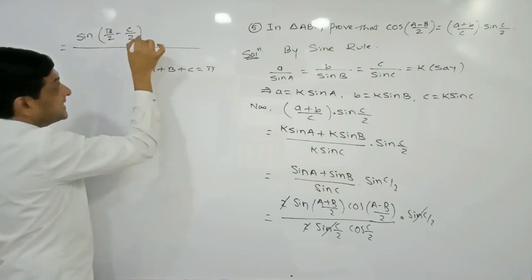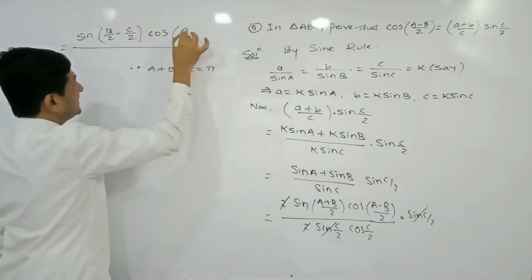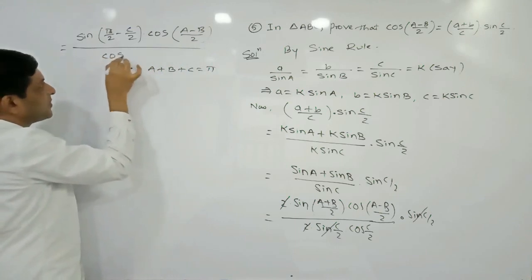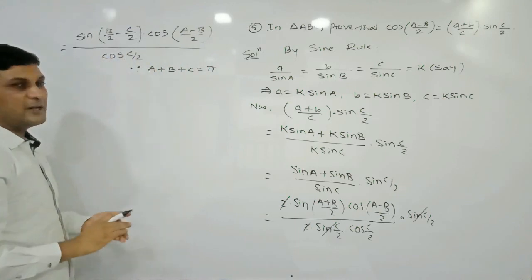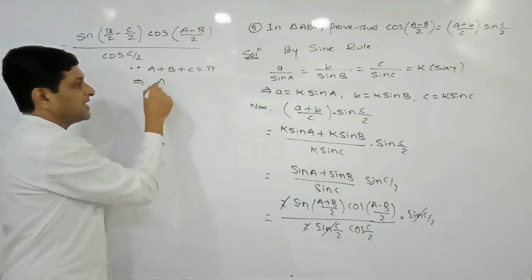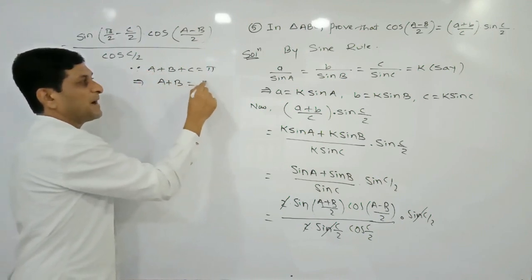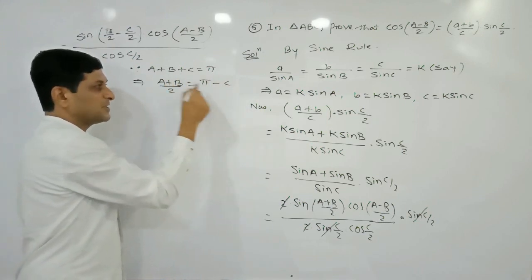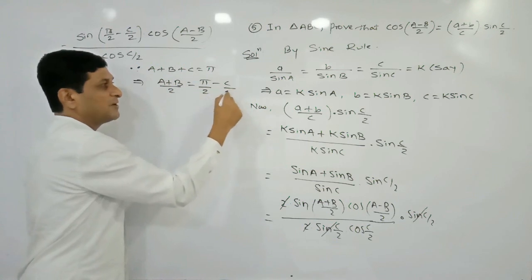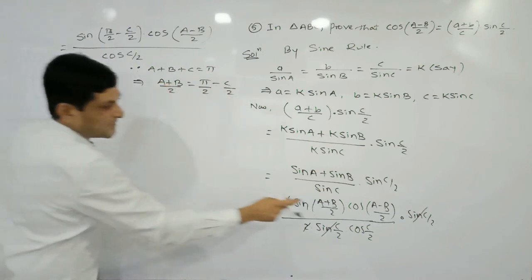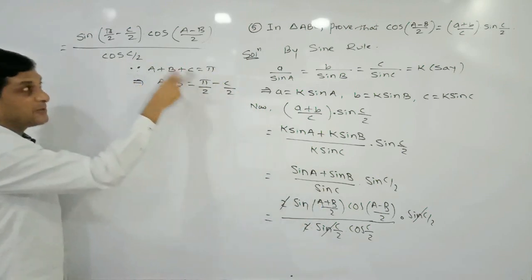Keep the second term as it is, cos (A minus B) upon 2, and in the denominator also cos C by 2 as it is. So (A plus B) by 2 can be replaced by pi by 2 minus C by 2.